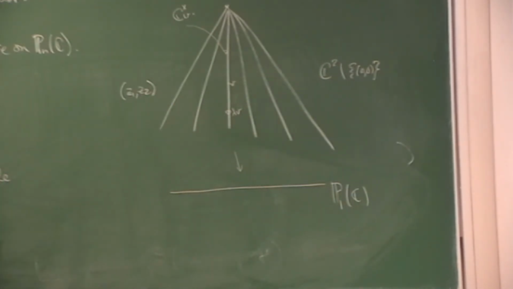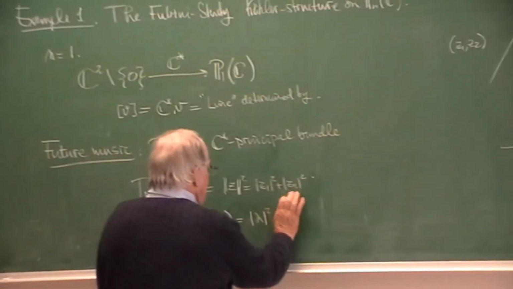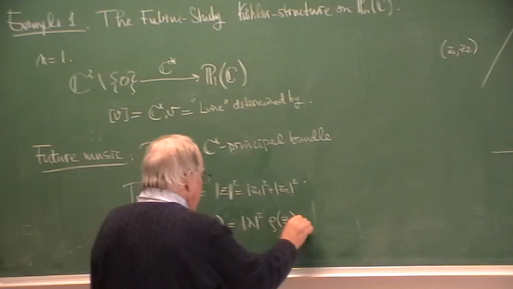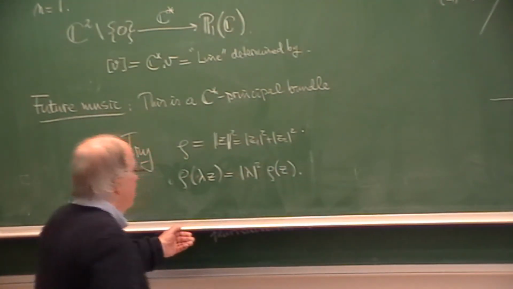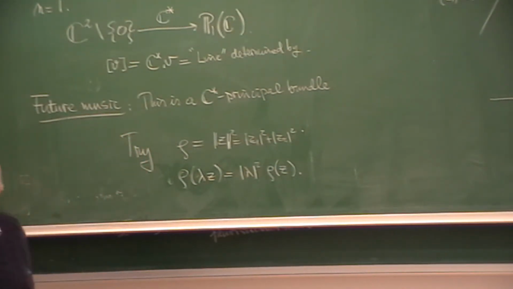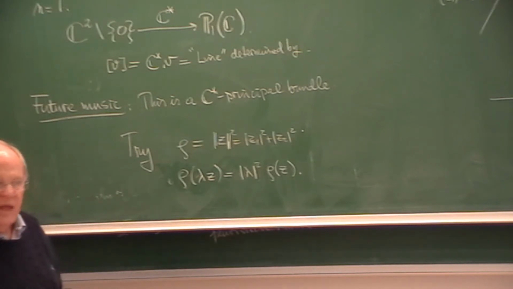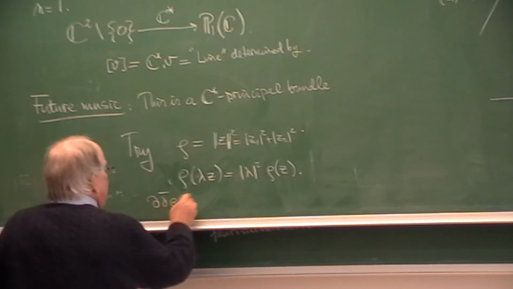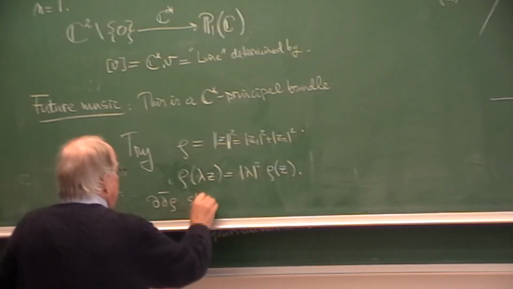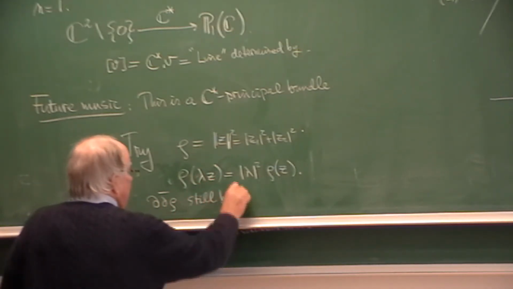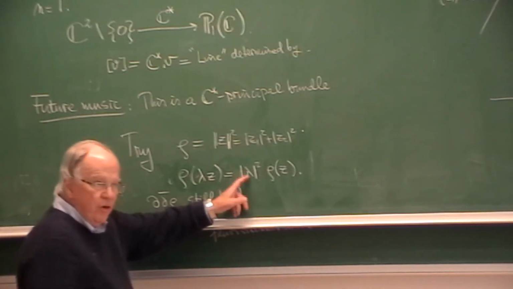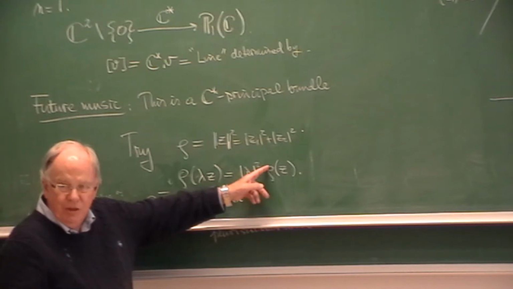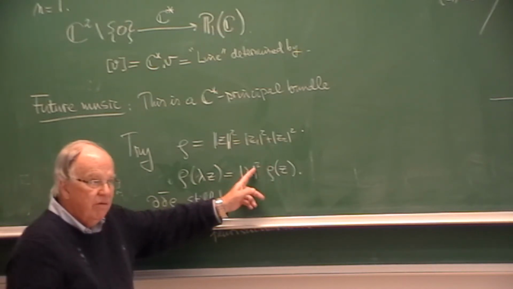But this is terrible, because it's lambda squared times rho of Z. And that's not going to work. I could take dd bar of this thing, and it's still bad. This bad norm will survive. You understand what I'm saying? This lack of periodicity will still survive.